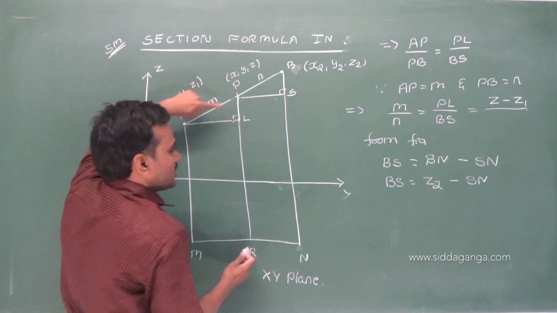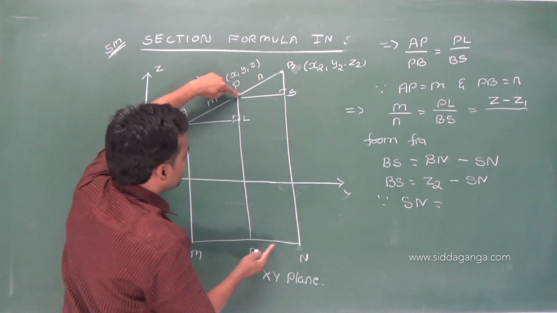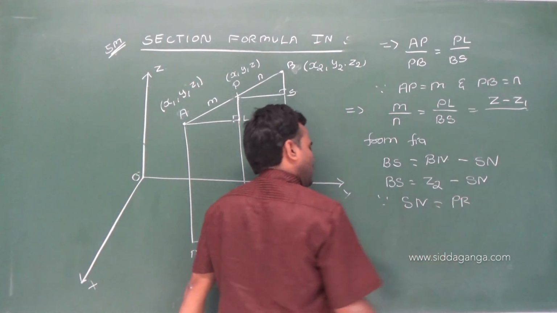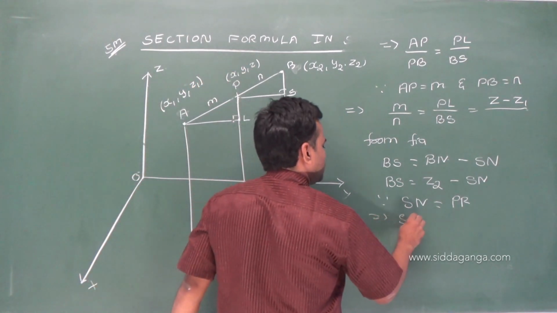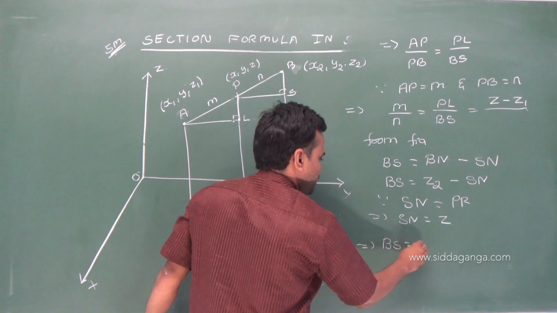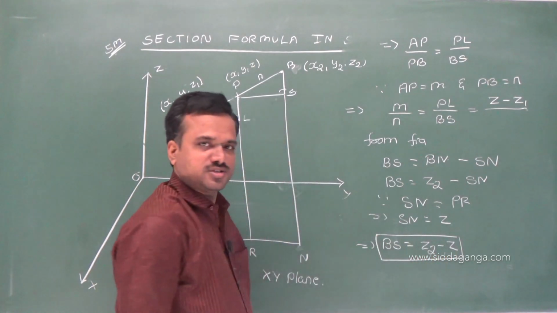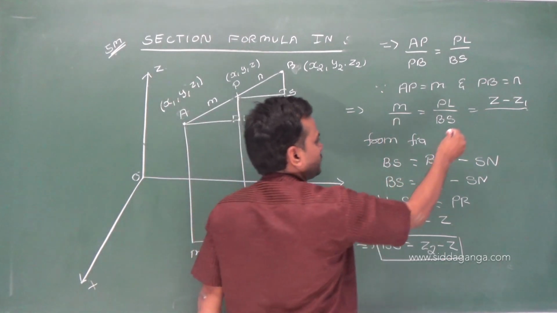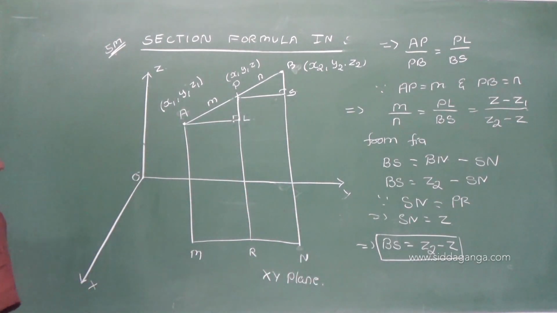SN is the same as PR, and PR is nothing but the coordinate of Z. That implies SN is equal to Z. That implies BS is equal to Z2 minus Z. Substitute here.